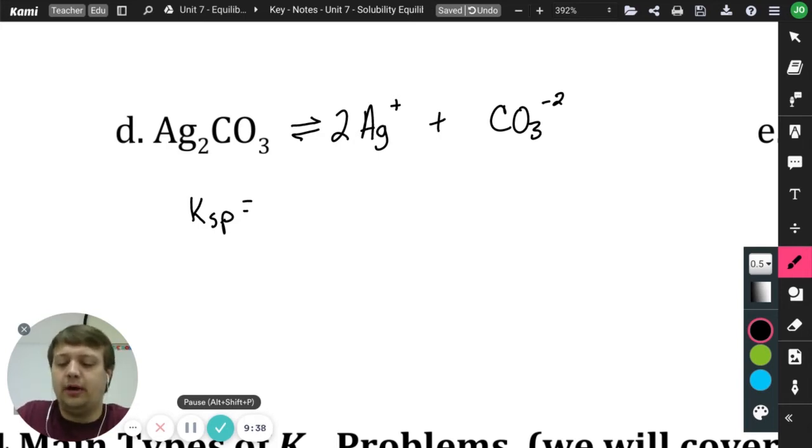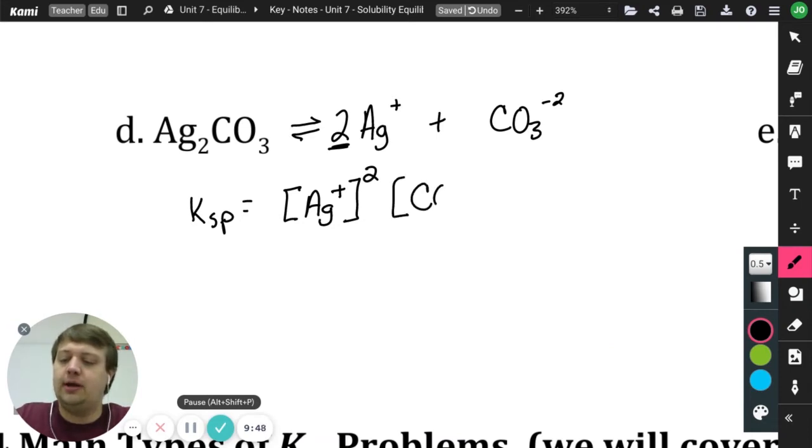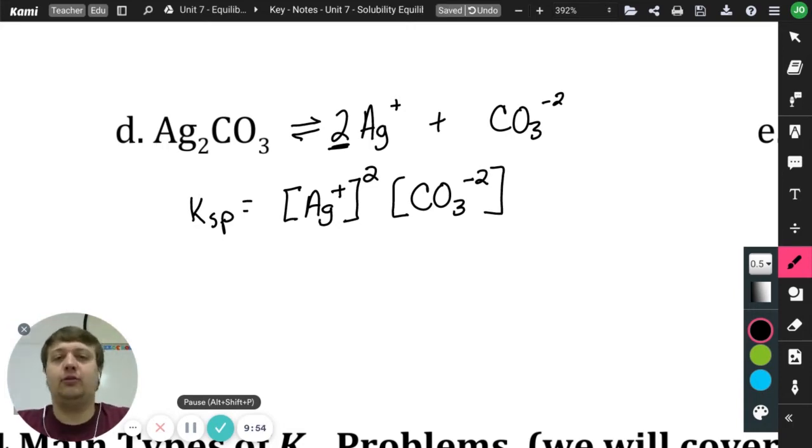So my products are silver, which has a coefficient of 2, and carbonate, which does not have a coefficient. And so this would be my KSP, that solubility product equilibrium expression for this reaction.